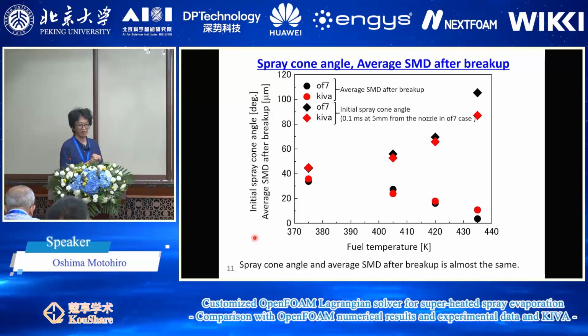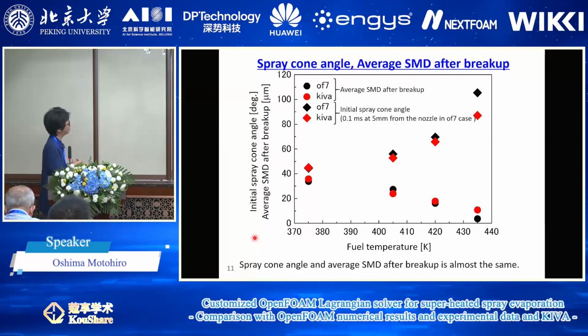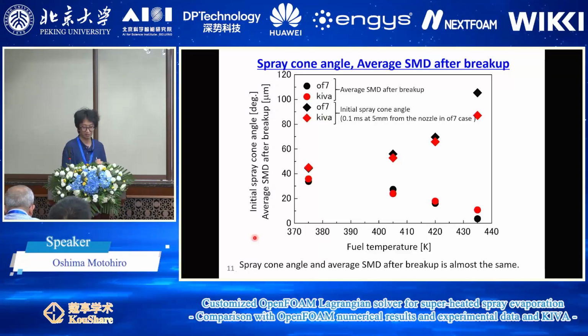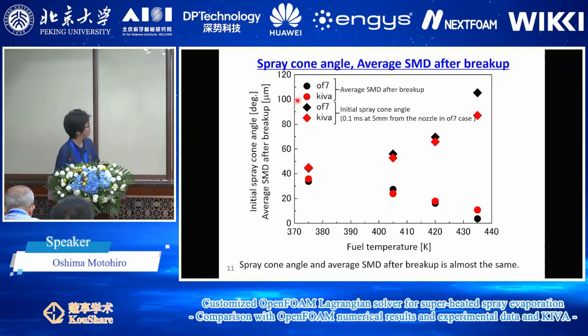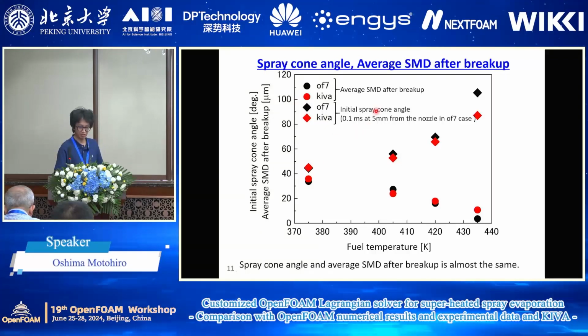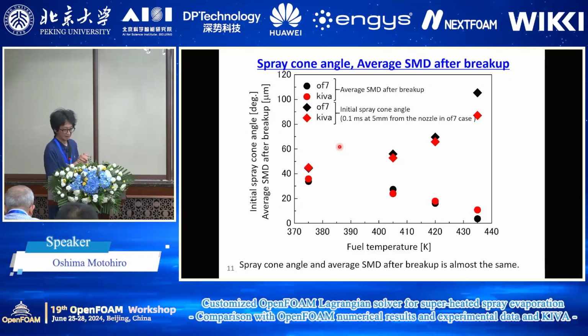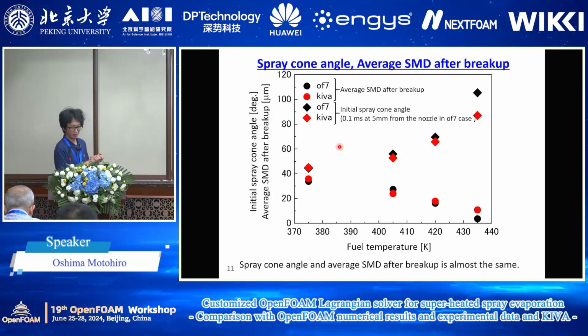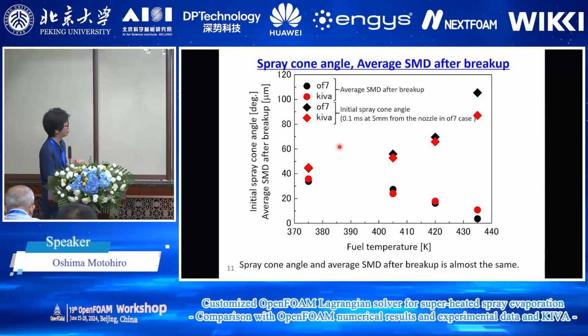This slide shows the spray cone angle and the average SMD after breakup. The red mark is Kiva and the black mark is OpenFOAM. The initial spray cone angle is defined at 0.1 milliseconds and 5 millimeters from the nozzle in the OpenFOAM case.